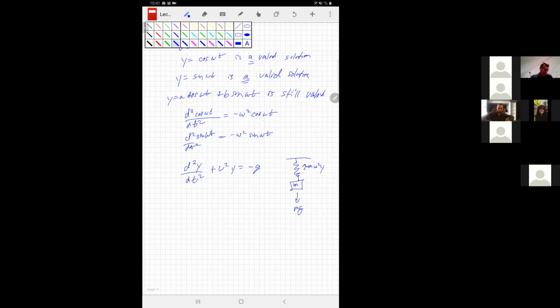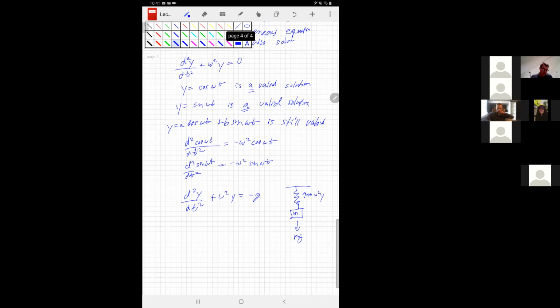Does cosine omega t solve this equation? If I take the second derivative of cosine omega t, I get minus omega squared cosine omega t. If I add to that omega squared cosine omega t, I get 0.